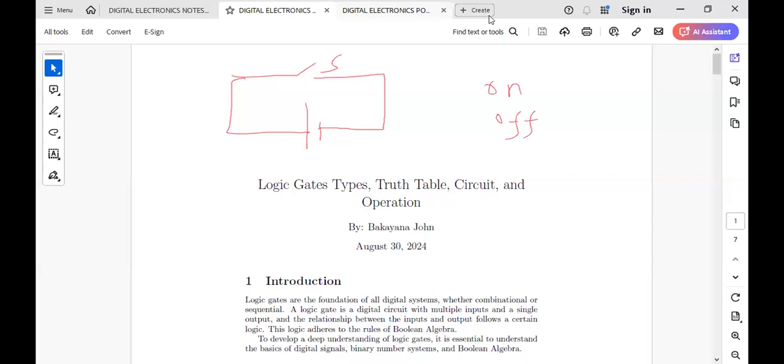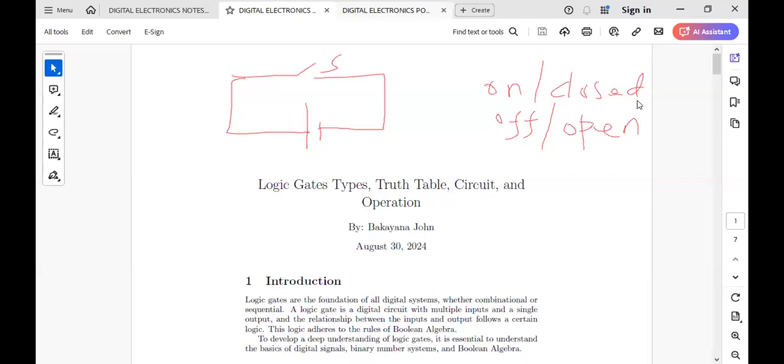I think that is obvious. Current is flowing. And when the switch is off, then current is not flowing. Sometimes we use open for off, and sometimes we use closed for on, not so?